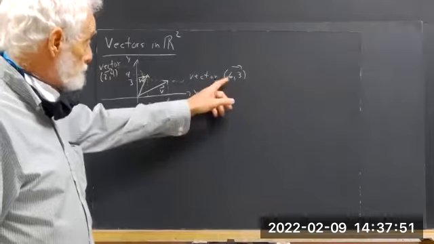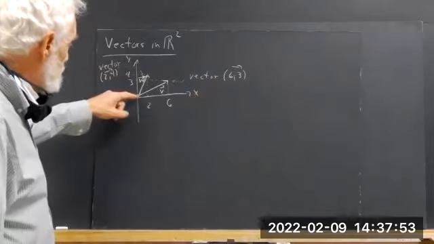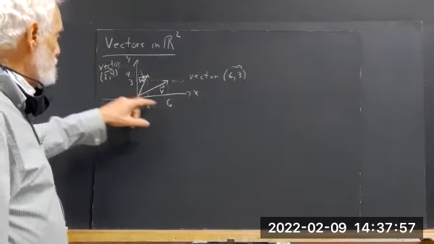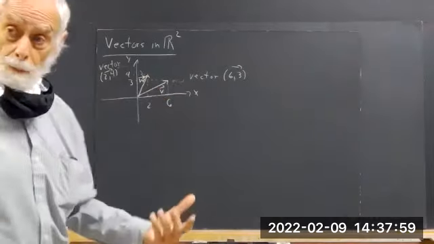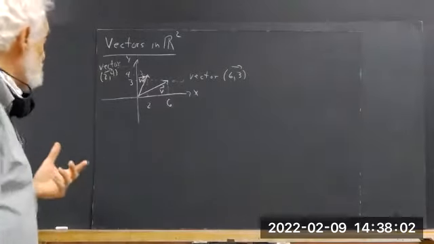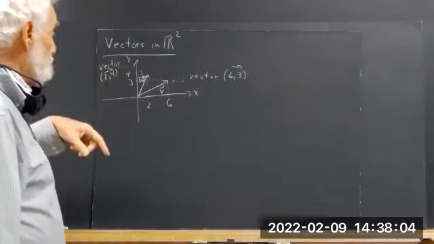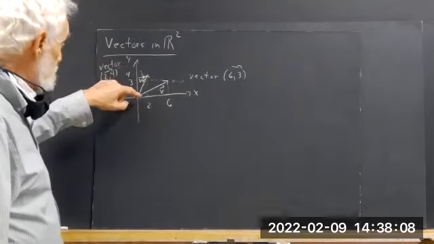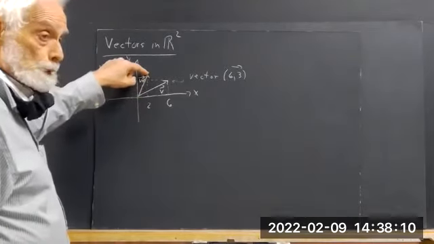For example, the vector 6, 3 could be represented by an arrow from the origin to the point 6, 3 in the coordinate plane. Similarly, vector 2, 4 could be represented by an arrow from the origin to the point 2, 4 in the coordinate plane.